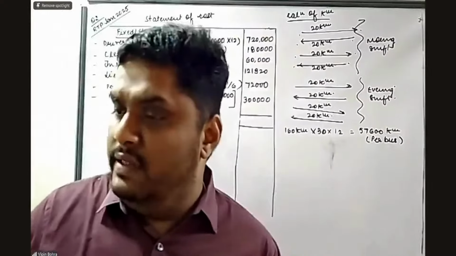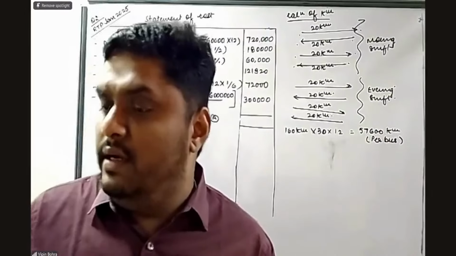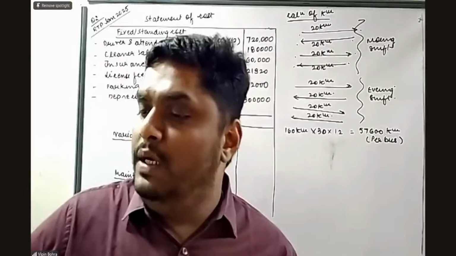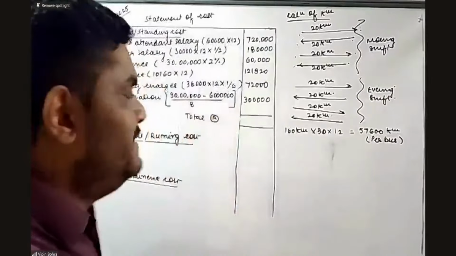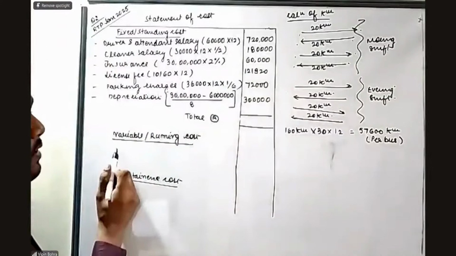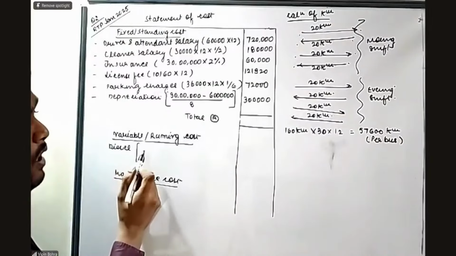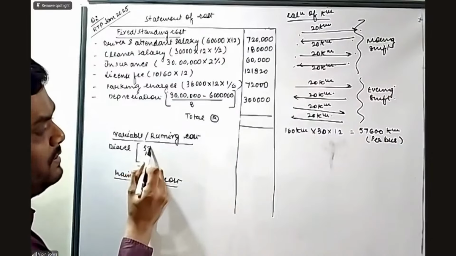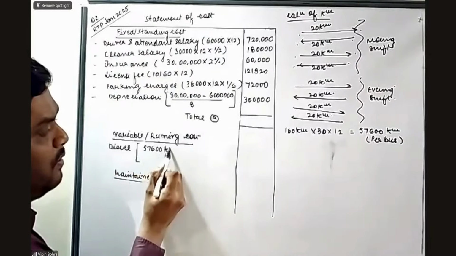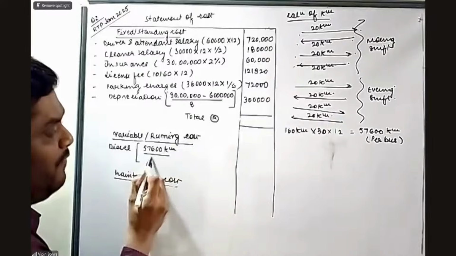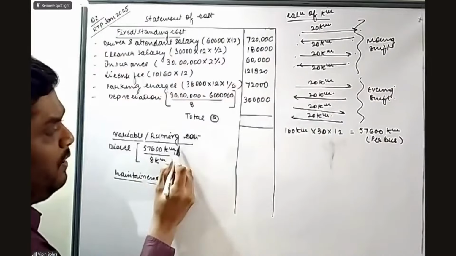See, it's given in the question that it gives a mileage of 8 kilometers per liter and the cost of diesel is 160 rupees per liter. So diesel cost: a bus is running for 57,600 kilometers and a bus runs for 8 kilometers in a liter of diesel.